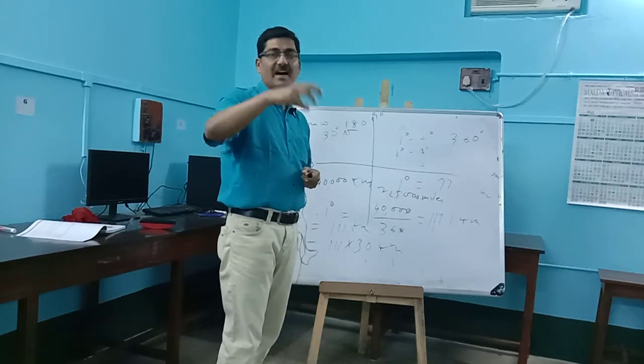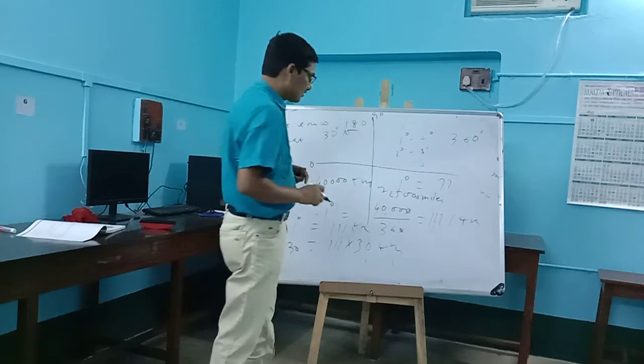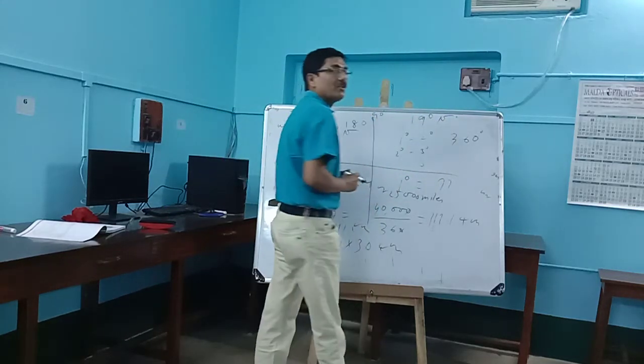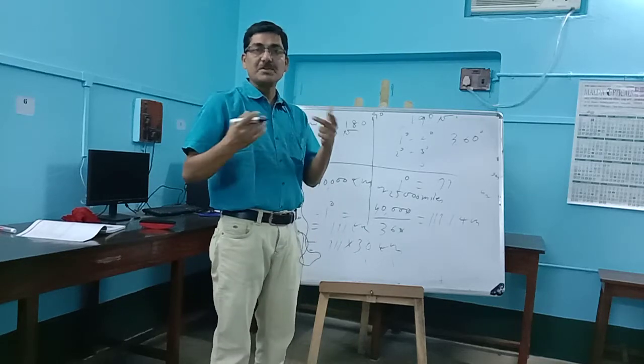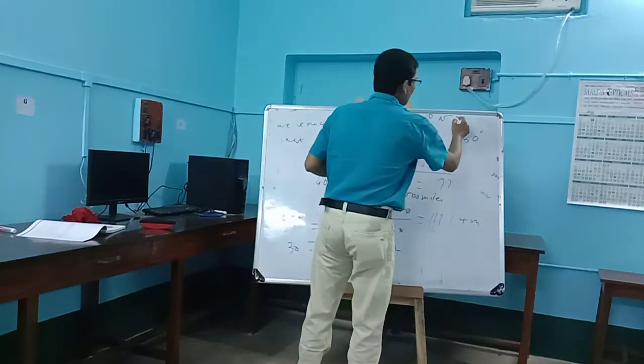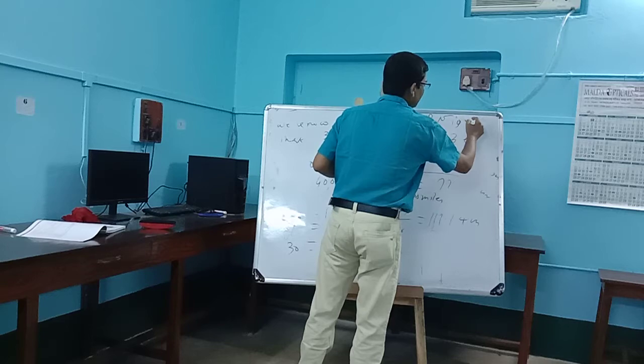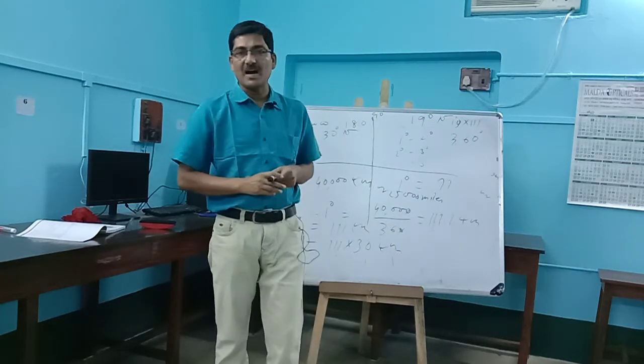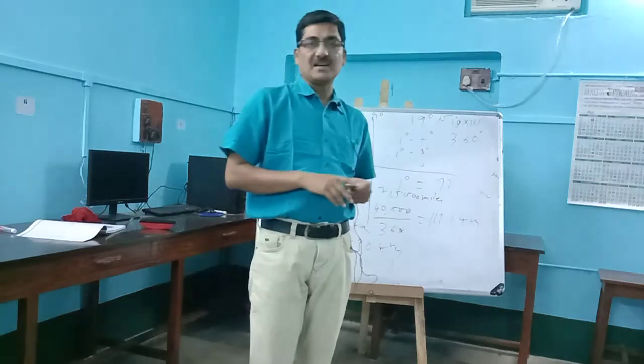Similarly, we can easily find the distance of Mumbai, which is located 19 degree north of the equator. If we multiply 19 degree with 111 kilometer, we easily get the distance of Mumbai from the equator.